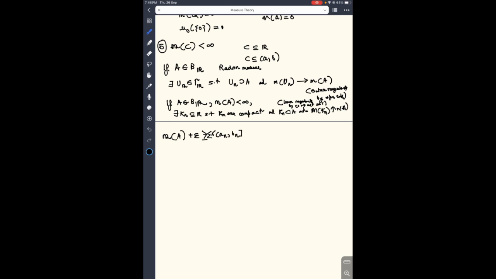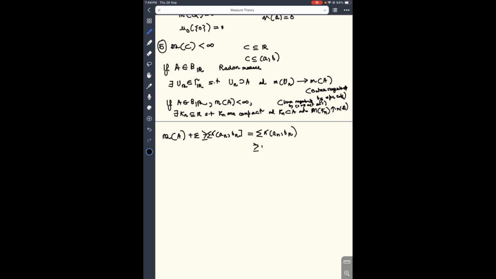Now there is one problem: in the case of Lebesgue measure this can be written in this form, lambda of (An, Bn). But it can't be written like this if the measure is not Lebesgue.